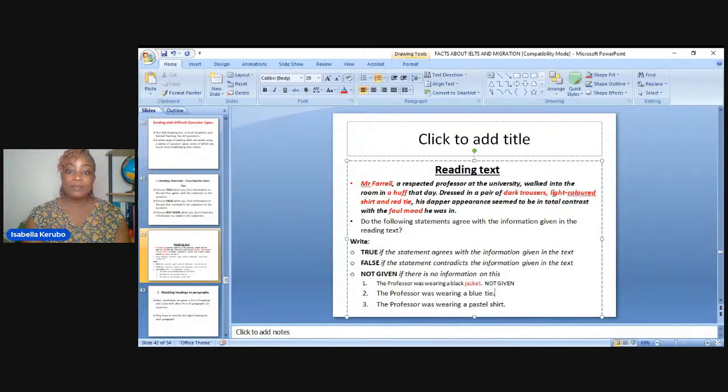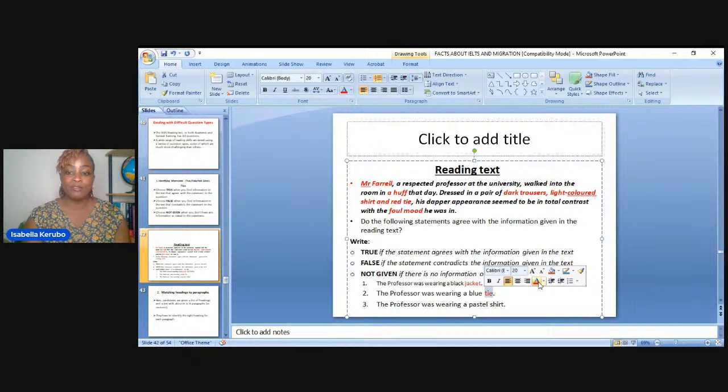Still back to the same sentence where the text is talking about the dress code. Are we told anything about the tie? Yes, absolutely. In the question, the keyword here is the tie.